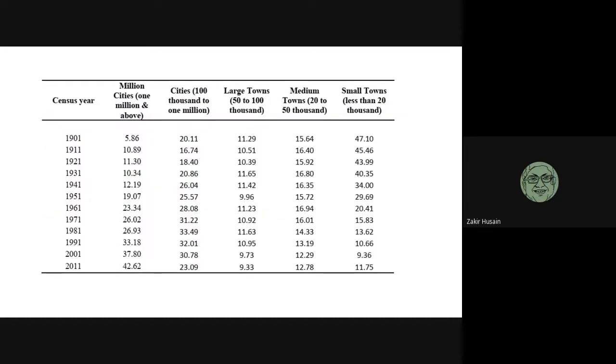If you look at the pattern, how the urban population is distributed between these different classes, we have the metro cities.